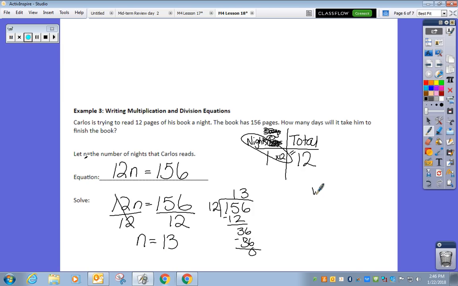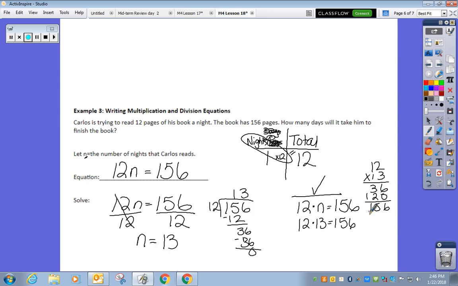It's important to show a check. Rewrite the original. I'm going to expand it. I'm going to pull to the side to show my work. And it does, in fact, work out. Okay, so that's how we would do a multiplication equation.